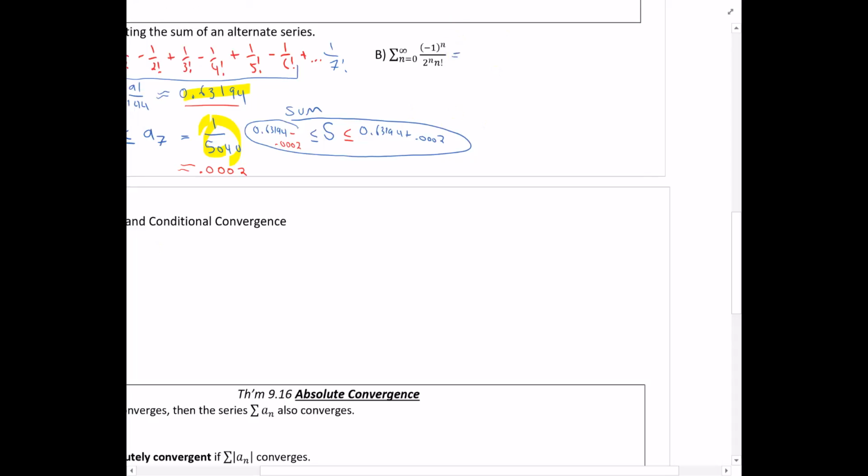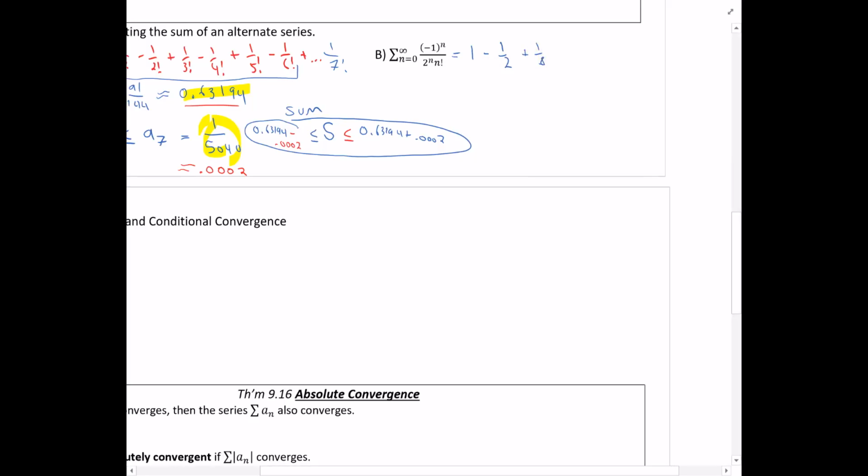If we plug in 0, we're going to get 1 over 1, which is 1. If we plug in 1, we're going to get negative 1 divided by 2, so negative 1/2. If we plug in 2, we're going to get positive 1 over 4 times 2, which is 8.